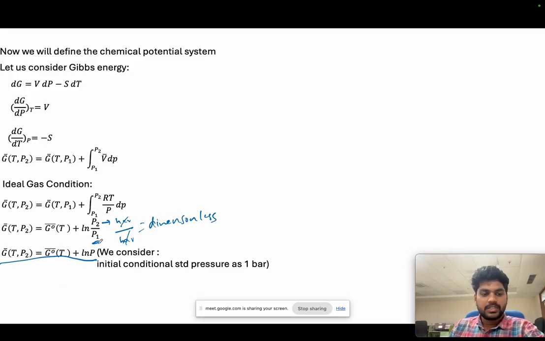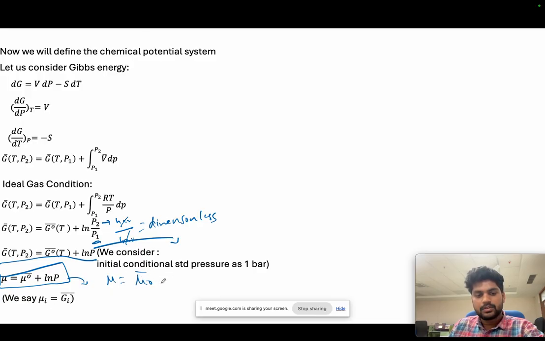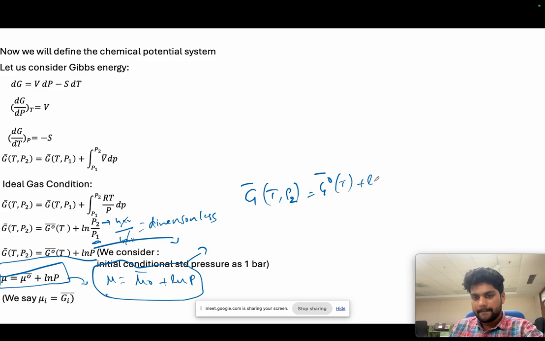So now this Gibbs energy is converted to the chemical potential. This is the formula which you saw, I think, in the third week class. It is basically derived like this. What we wrote was G of T comma P2 equal to G degree plus RT ln of P, right?